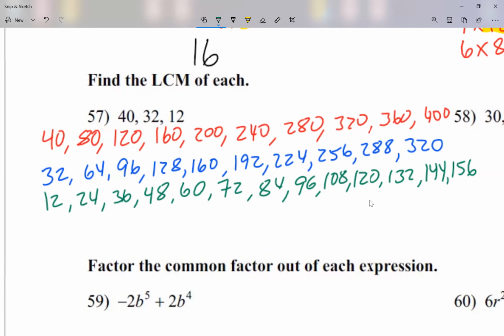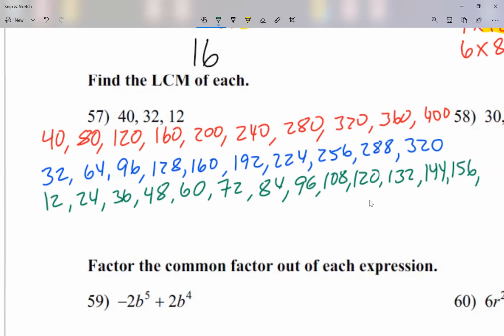Do I see a common factor? I mean, a common multiple. So a number that is a multiple for all of them. Nope, not yet. Okay, so I continue.